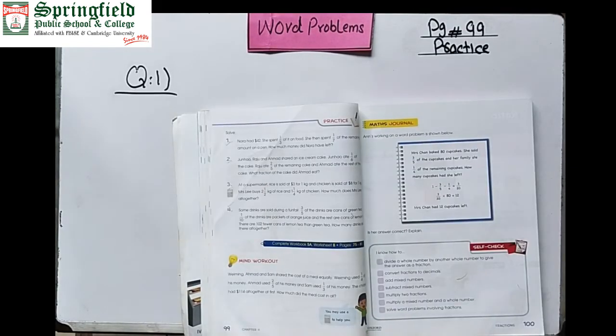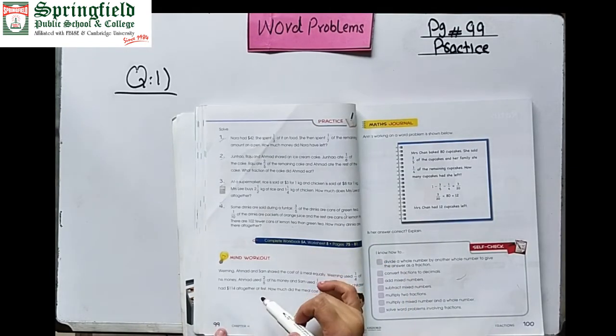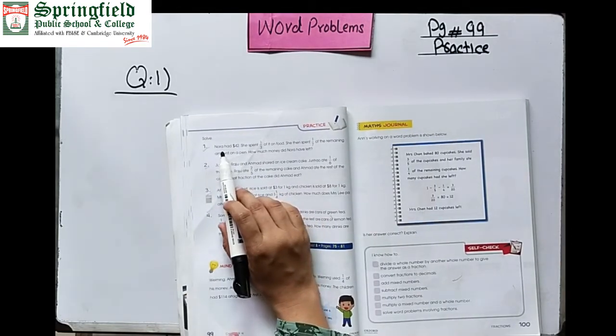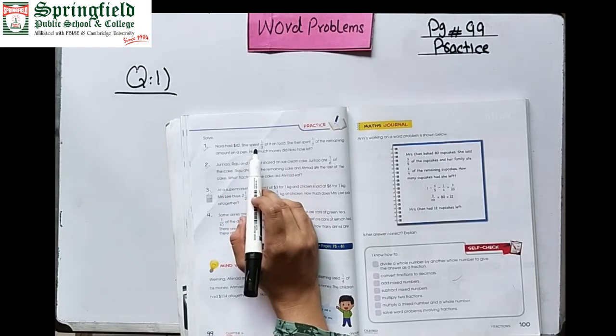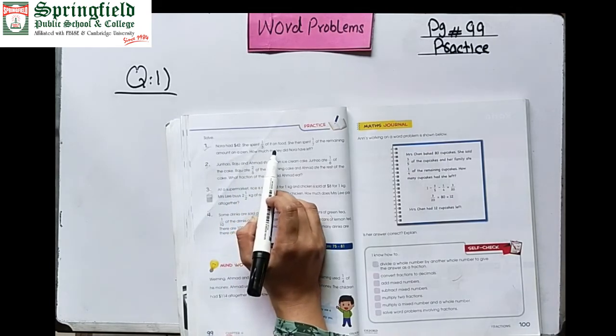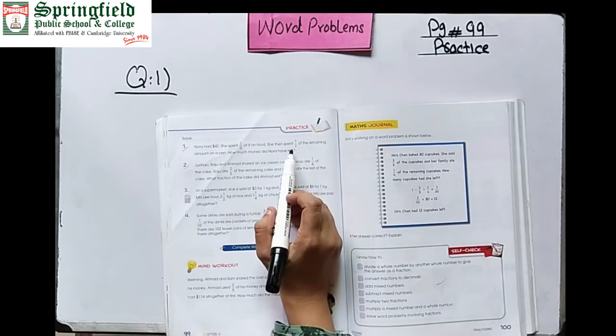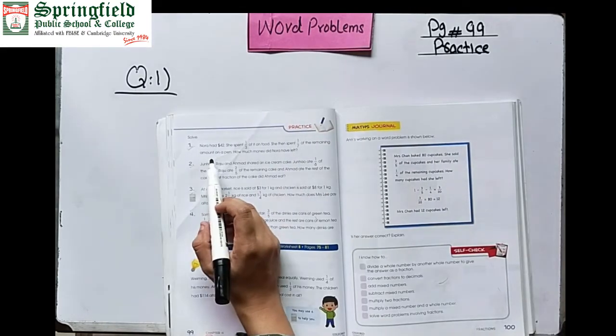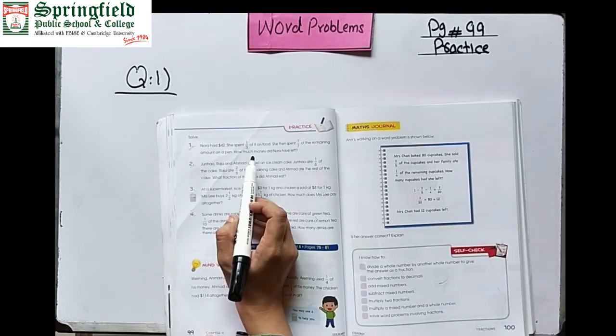Okay, now question number 1, page 99. Noora had $42. She spent 1/3 of it on food. She then spent 1/7 of the remaining amount on a pen. How much money did Noora have left?